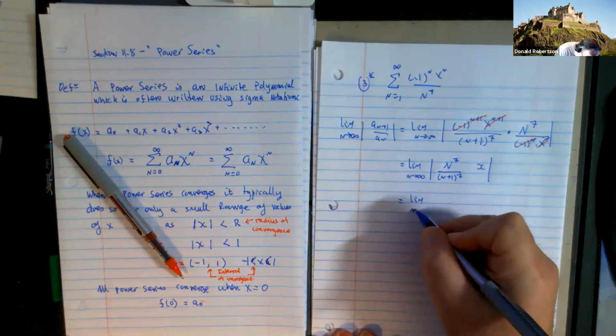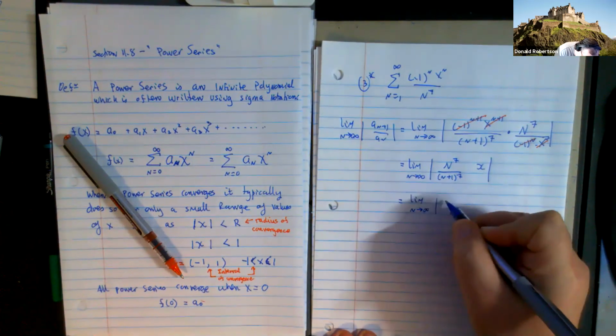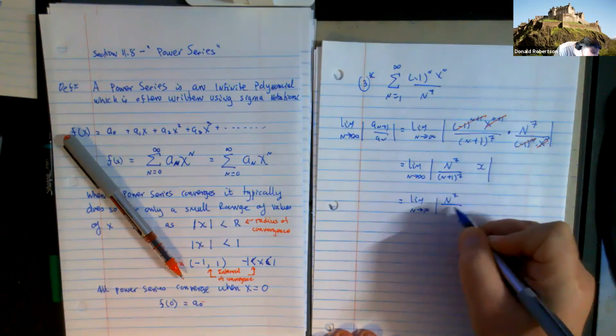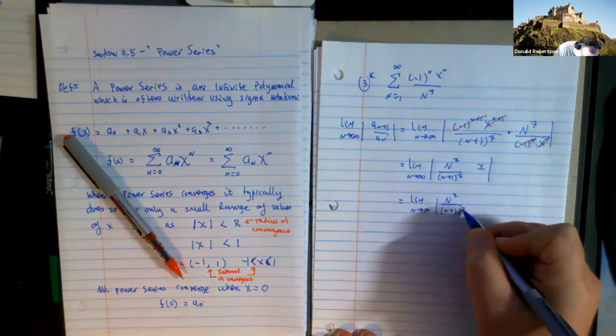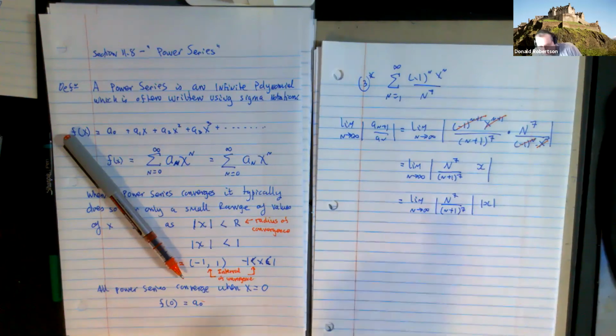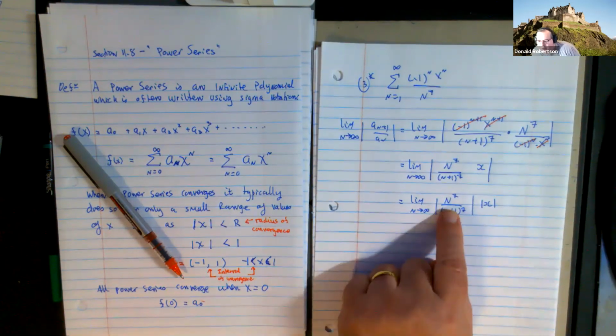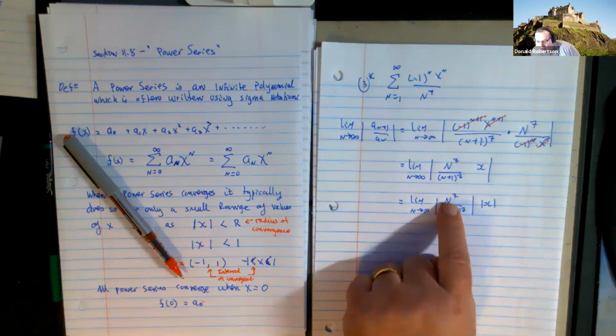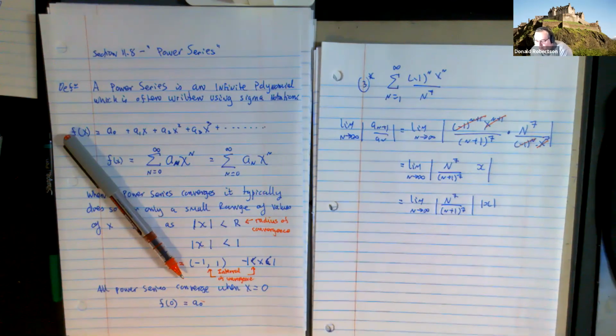I'm going to call this the limit as n tends to infinity of that guy, absolute value of x. Okay, now I'm going to do a quick cheat in that, but I think I can get away with it. What do you think the limit of this is going to be as n goes infinite? I mean, I could do L'Hopital's rule 7 times and prove it to you. I could FOIL that out and divide top and bottom by n to the 7 and prove it to you.